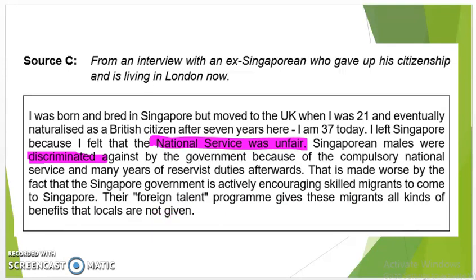What I will encourage you to do for comparison questions is to write notes at the side. So this person is against NS, because he says that it's unfair and locals are being discriminated. That is one thing that he said. Another thing that he said is the part on the foreign talents.